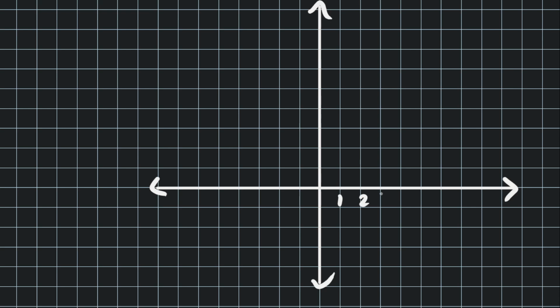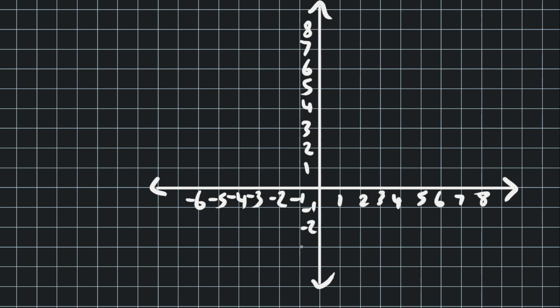So 1, 2, 3, 4, 5, 6, 7, 8, -1, -2, -3, -4, -5, -6, 1, 2, 3, 4, 5, 6, 7, 8, -1, -2, -3, -4. And let's say we want to graph the function f of x equals 2x plus 3.